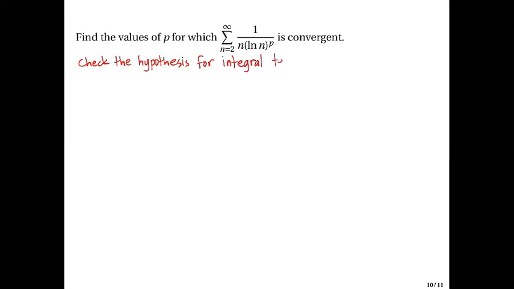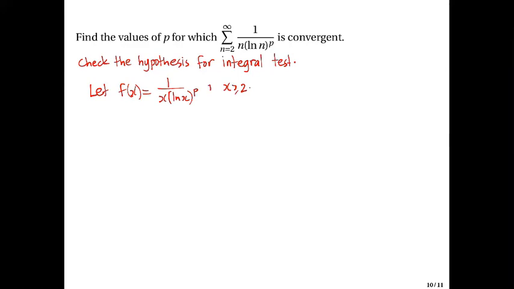So we do that. We start with the function f of x equals 1 over x ln of x to the p. Of course, here x greater than or equal to 2. And then you check the conditions, and then integral test can be applied.